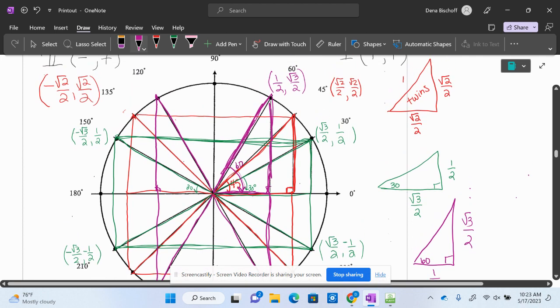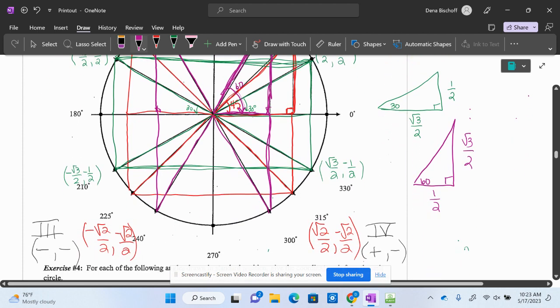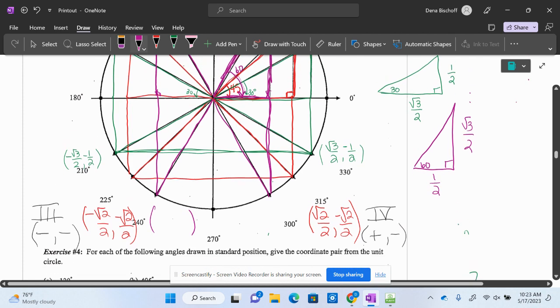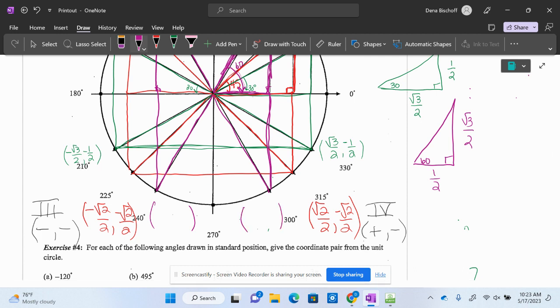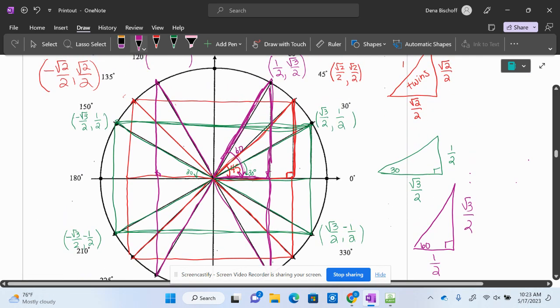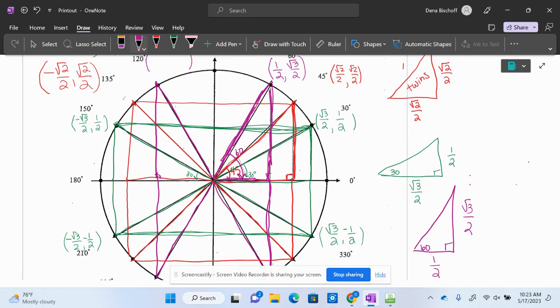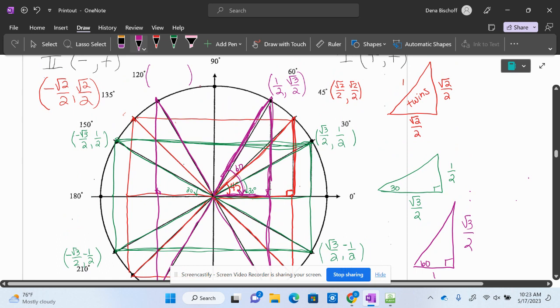You are going to go through and label the ordered pairs for all of the angles that have a 60 degree reference angle. And then we'll just go back through and do the ones that we didn't talk about at the very beginning, I guess. So think about what happens when you move to quadrant 2, quadrant 3, and quadrant 4. What happens to your signs? So again, maybe pause your video and label your ordered pairs, and then you can check.